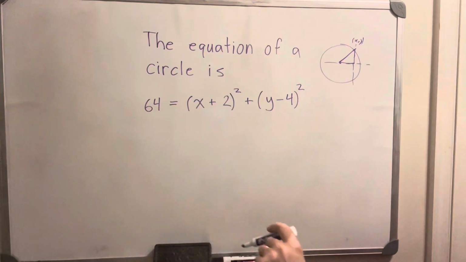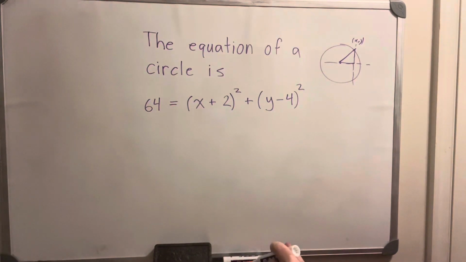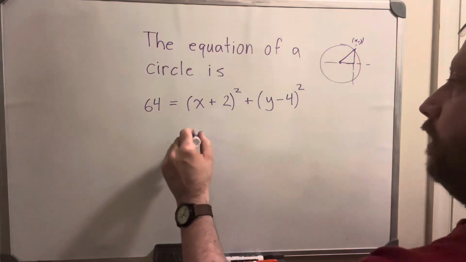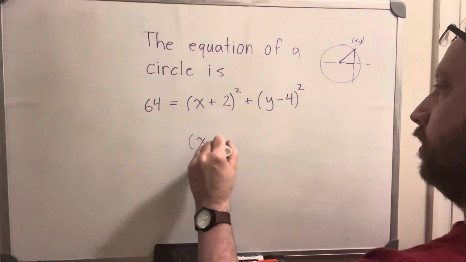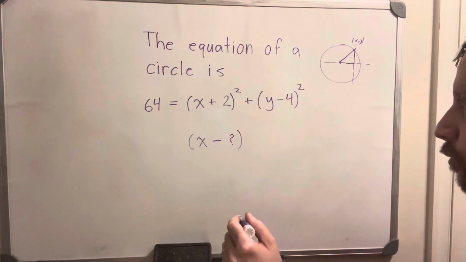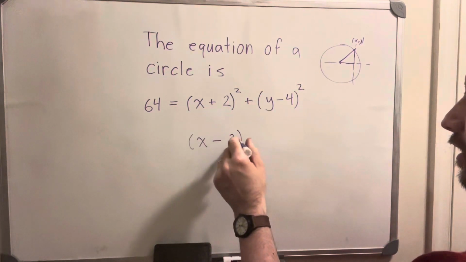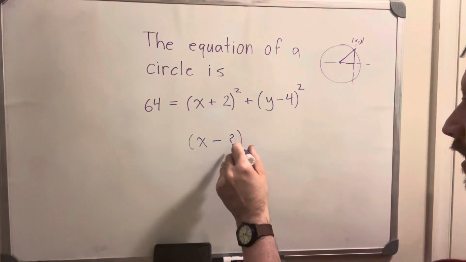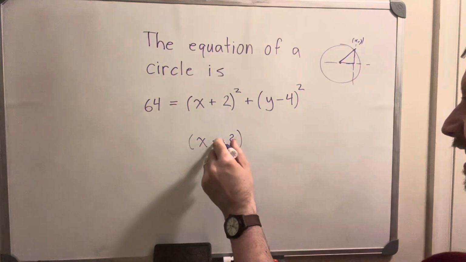Sometimes you have to do a little massaging on an equation to get it in the form that you want. What is x plus 2 equivalently as? What is the question mark here? If I want to make it, I need a minus right there.